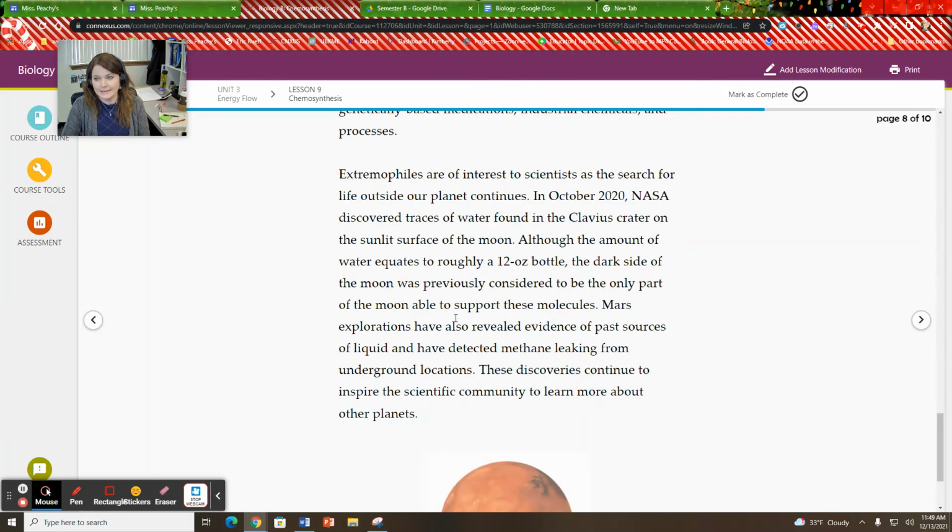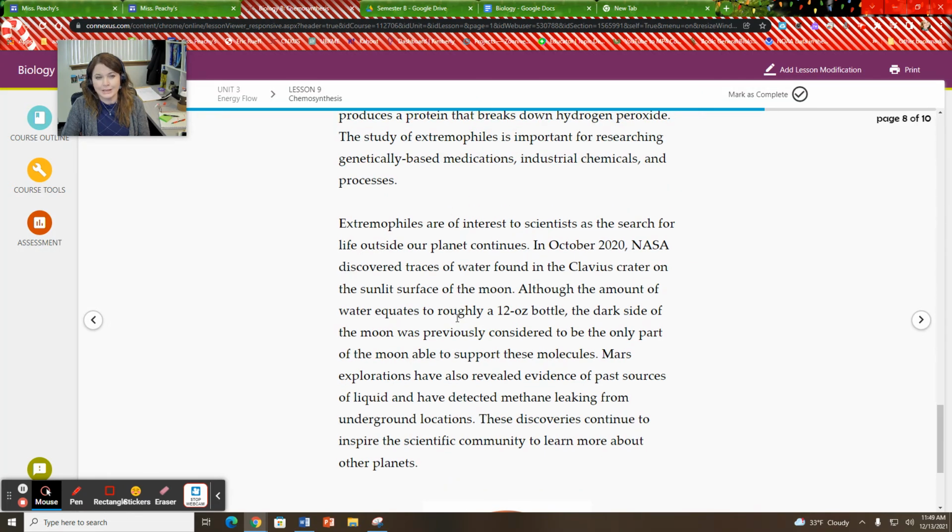Another reason we study them is an interest in life outside of our planet. We know that Earth, especially in our own solar system, is exclusive in its conditions that are favorable for the life we are familiar with, right? We're not going to find the same conditions on Venus or on Mars. But we will find more extreme conditions.